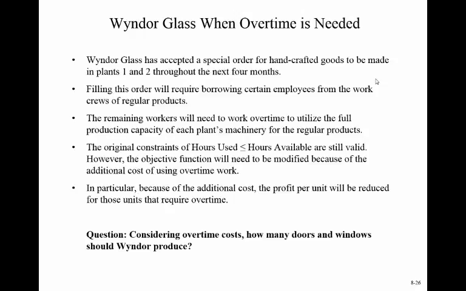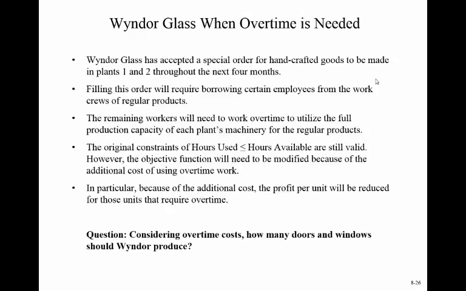So we still have the production capacity hours as far as the plant and machinery goes, but they're going to have to work overtime on the staff. So again, we now have to incorporate the notion that we can produce a few windows and a few doors without incurring overtime, but if we want to produce any more than that, we'll have to start incurring overtime.